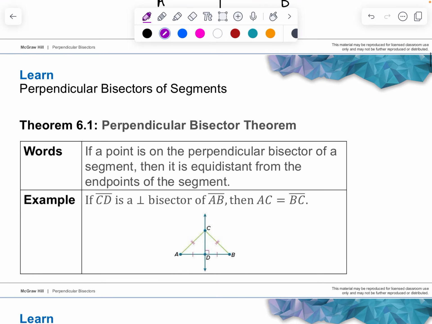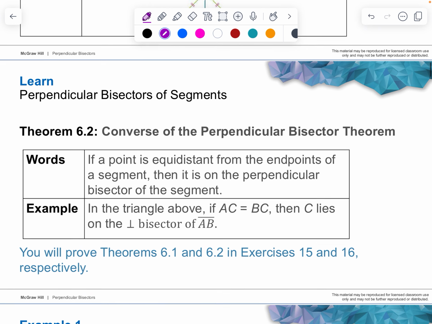And that is theorem 6.1. Okay? So the example they give, if CD is a perpendicular bisector of AB, then AC will be congruent or equal to BC.